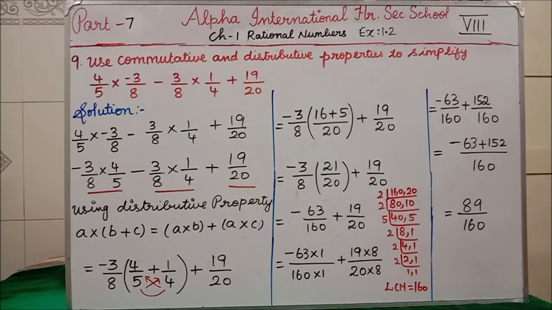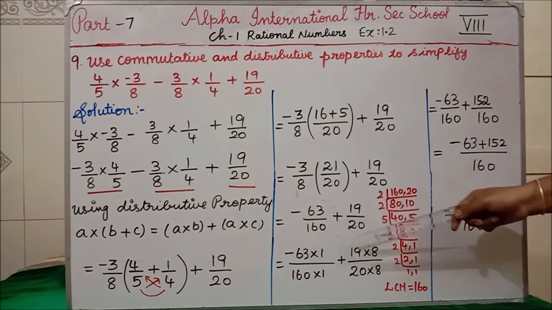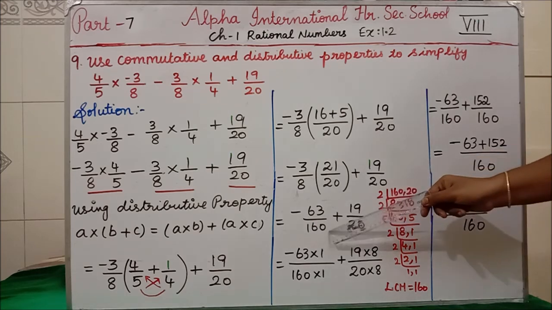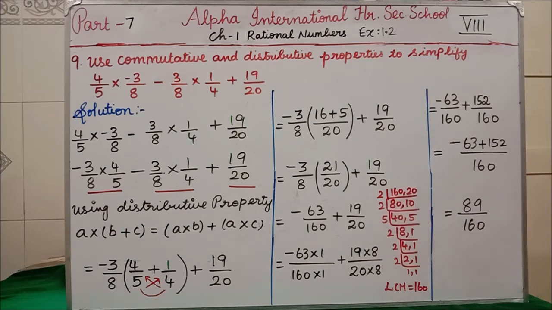To make it the same, since all the numbers are big, I am going for LCM. See, 160 and 20, if I take the LCM, I am getting 160 only. So here I already have 160 in the denominator, and it is enough to multiply by 1 in the numerator and denominator.